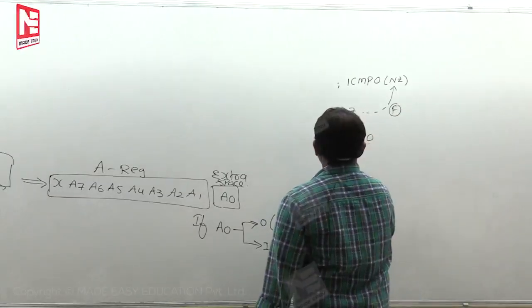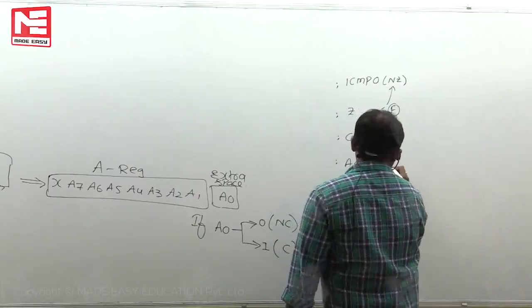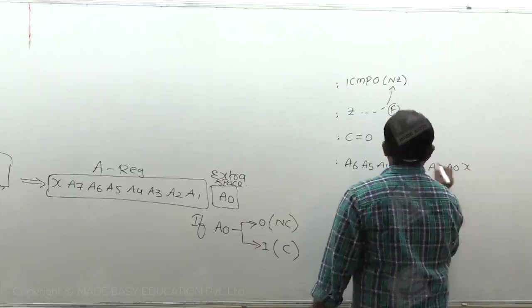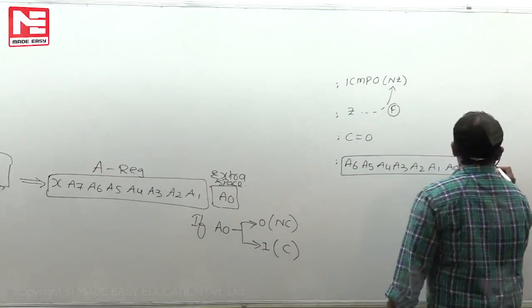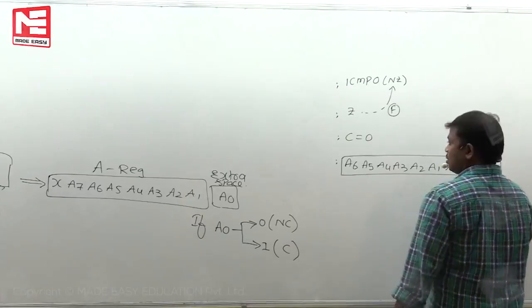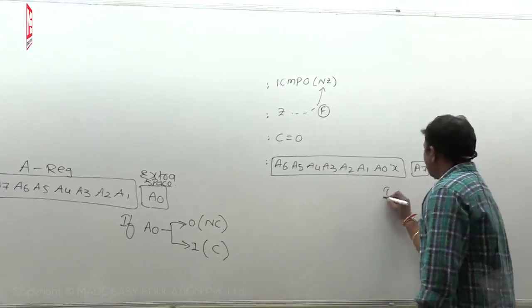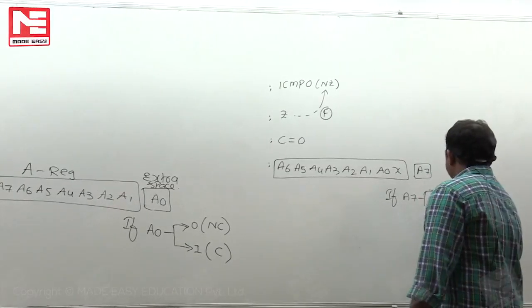C equal to 0. Next, this one, A6. A7 is in the extra bit position. So if the A7 bit is 0, no carry.